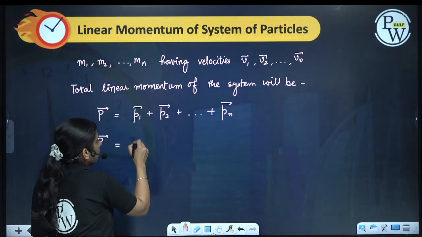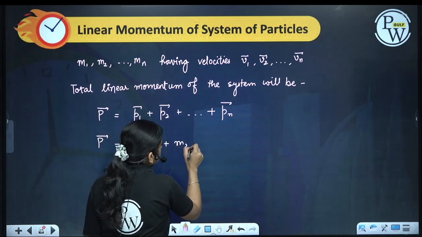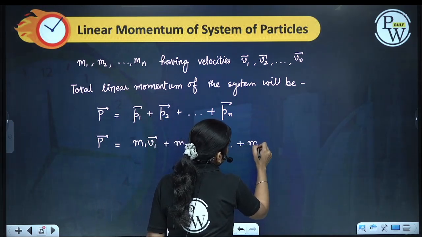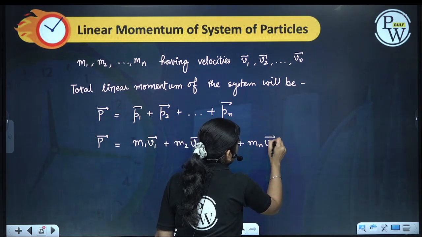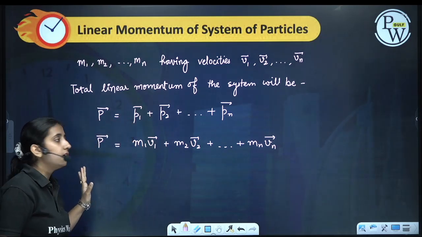So what will be P1? m1 has the velocity v1, m2 has the velocity v2, and mn has the velocity vn. This will be the linear momentum of the system.